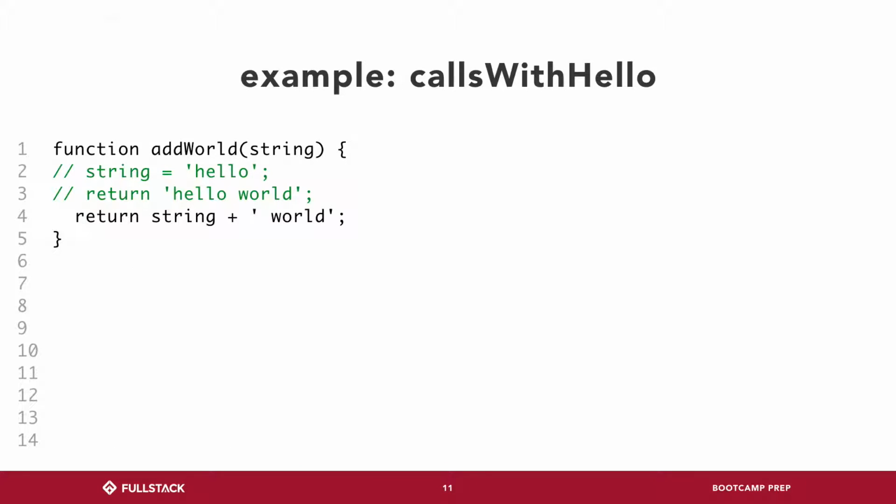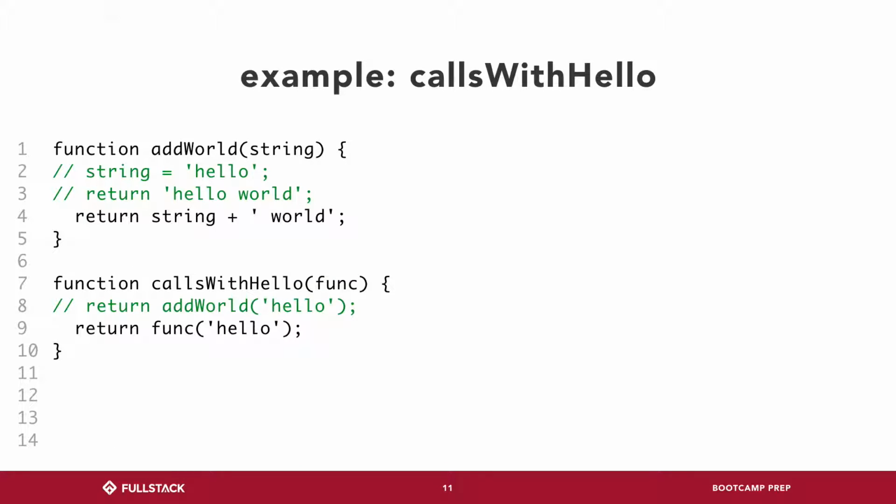There are a couple more examples. Any guesses as to what this logs? Yep. Hello world. You guys are getting it. It seems complicated, but when you name it like this, it's a little more clear. It's a function.